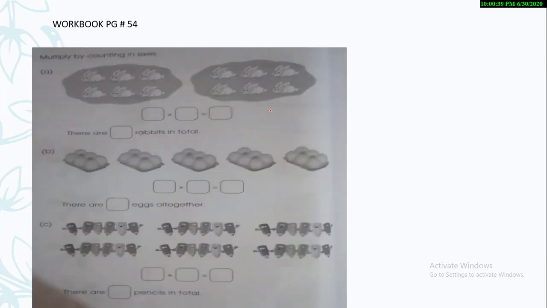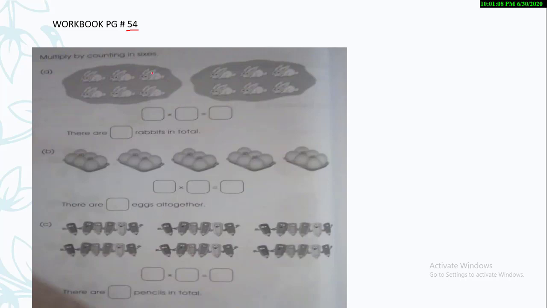Okay, now my students, that was the easy work. Even this page is also very easy for you. Take out your workbook, page number 54. The question is, multiply by counting in 6. It means there are 6 items in each group, and you are just going to count the groups and multiply.